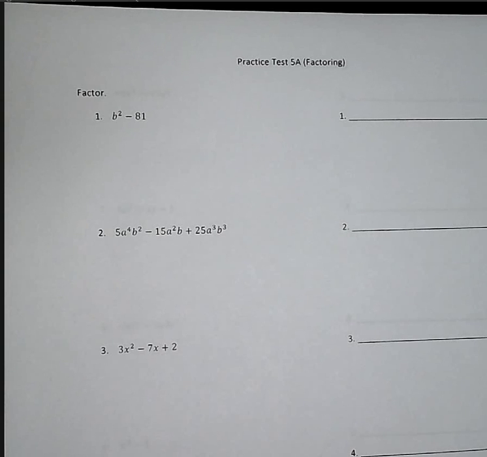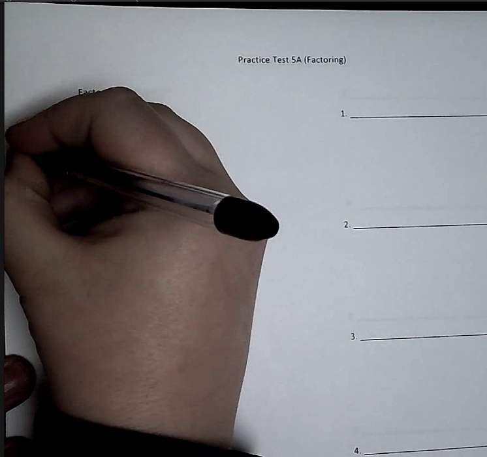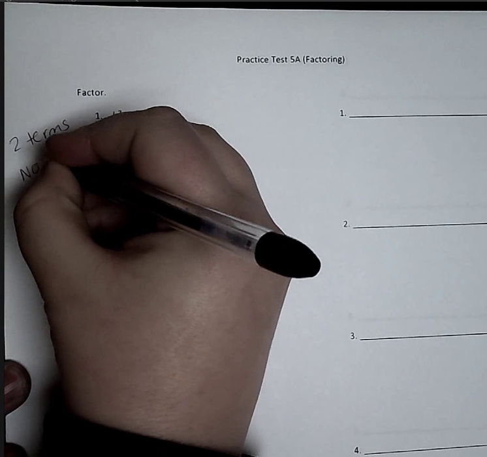One method that I did teach you guys that I think would be very helpful is if you wrote down, one, how many terms. So this has 2 terms, and then no GCF.